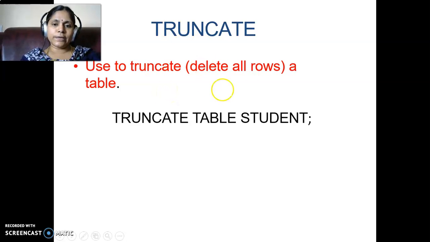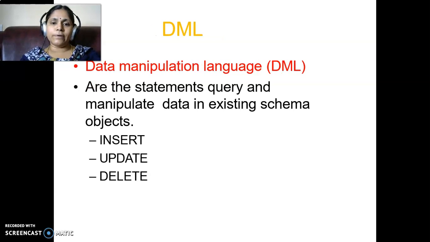Suppose in my student table I have 10 rows with 10 students' data, and I don't want to use the data, then I can truncate the table: truncate table, table name. What is the name of the table? Student. So, truncate table student. This will delete all the rows in the table.